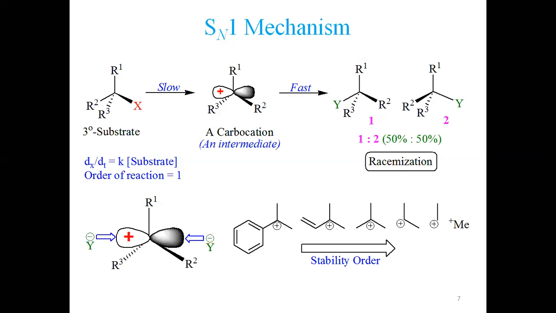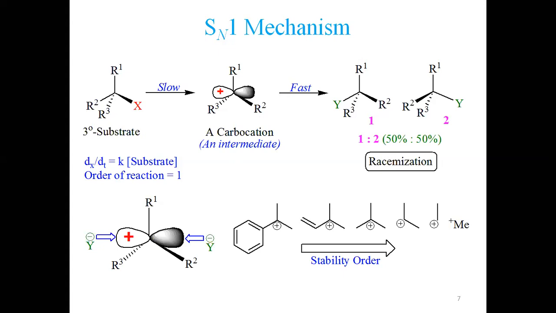Second difference: SN2, as you have seen, is a concerted mechanism, but SN1 is not concerted because it is completing in two steps. The generation of the carbocation is slow, and the next reaction is fast, because the nucleophile is normally negatively charged and this carbocation is positively charged. So there are electrostatic forces of attraction between these two reactants, the intermediate and the nucleophile.